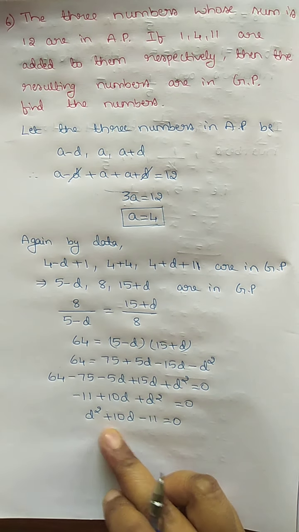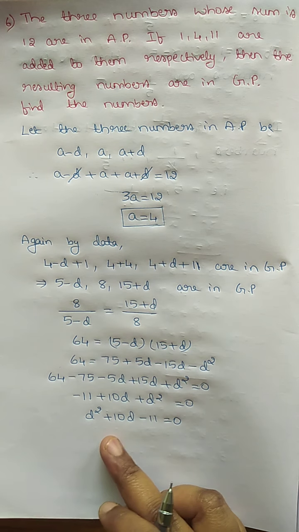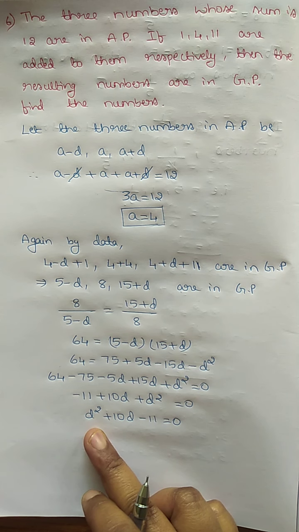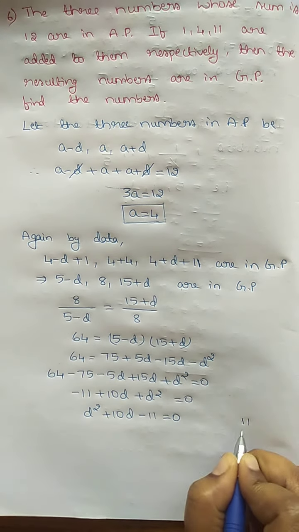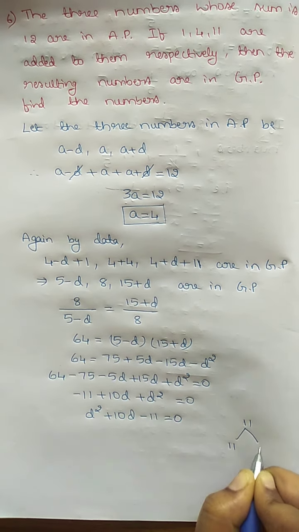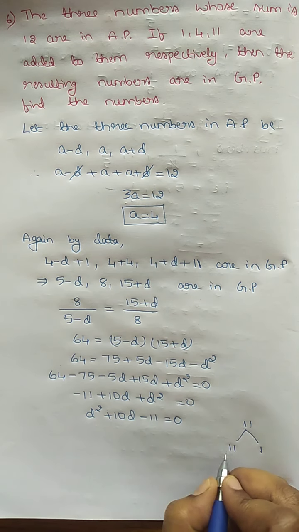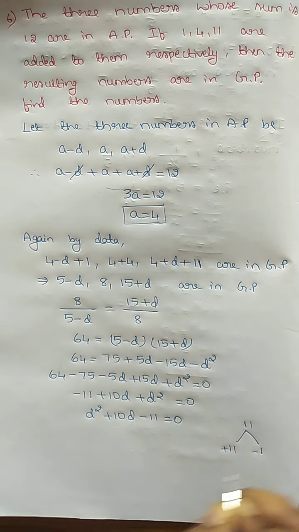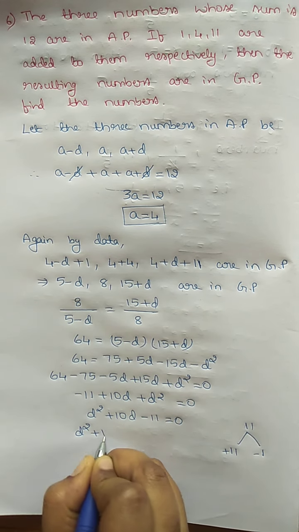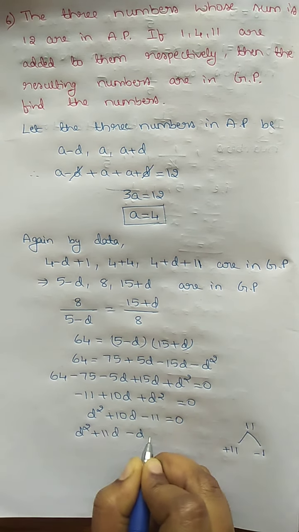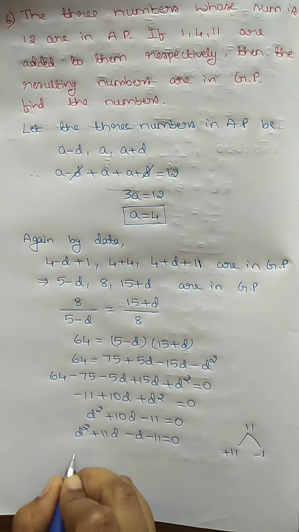Now it is a quadratic equation. Find the value of d by using the factorization method. Here 11 into 1 is 11, but the middle term is 10. Take plus and minus. d square plus 10d can be written as 11d minus d minus 11 equals 0.